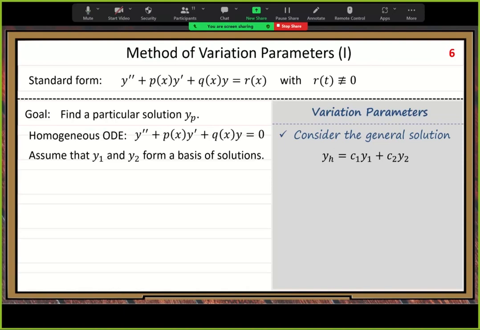Because y1, y2 are the basis for the homogeneous equation, the general solution YH has this form: C1 Y1 plus C2 Y2.